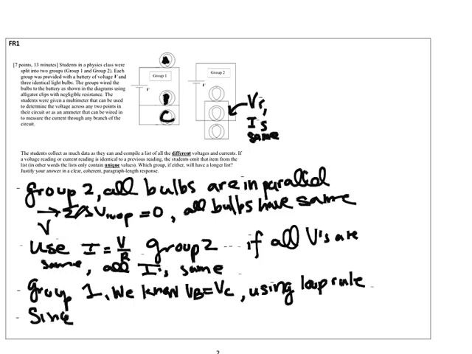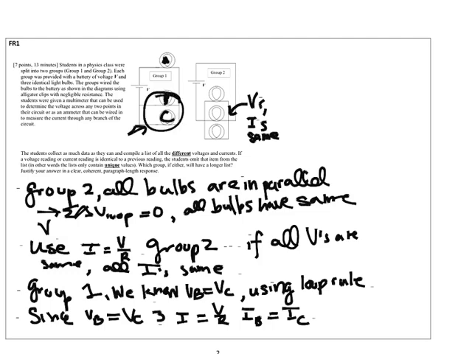Since VB is equal to VC and I equals V over R, IB must equal IC. Okay, so here we have the V's and the I's the same.